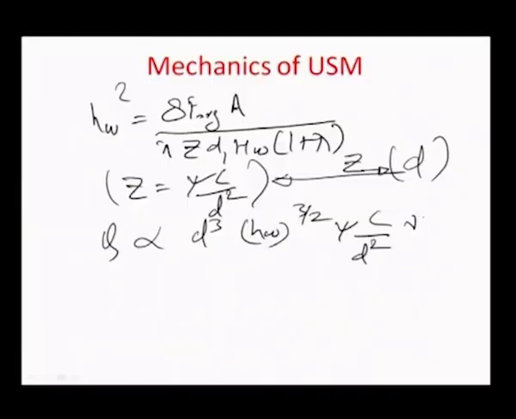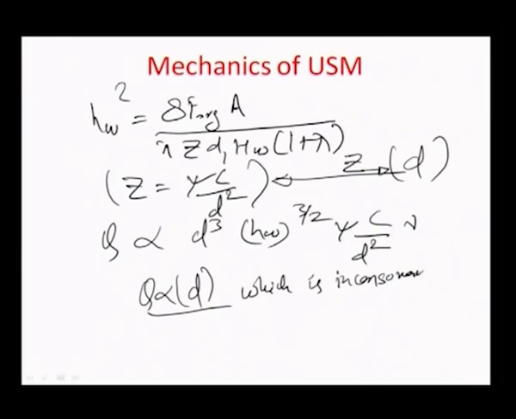So therefore, this expression becomes conveniently changed, and Q becomes proportional to the average grain diameter d, which is in consonance with the experimental observation. And therefore, this gives you the total prediction of Shaw theory towards the different parameters involved in the material removal rate of a USM process.